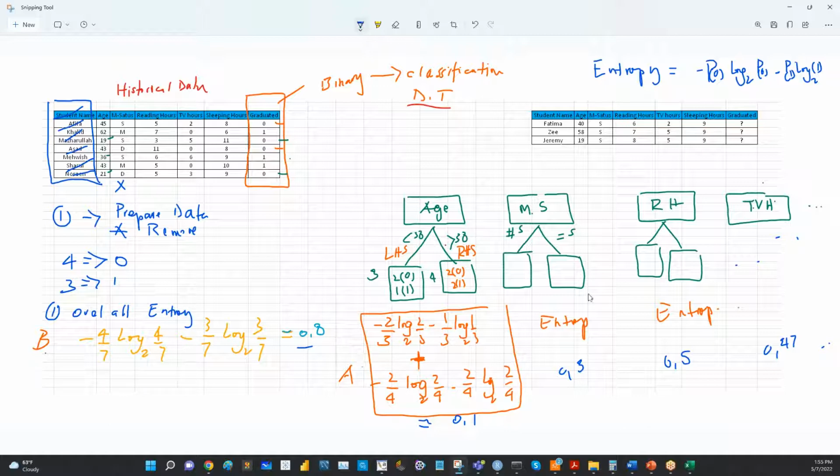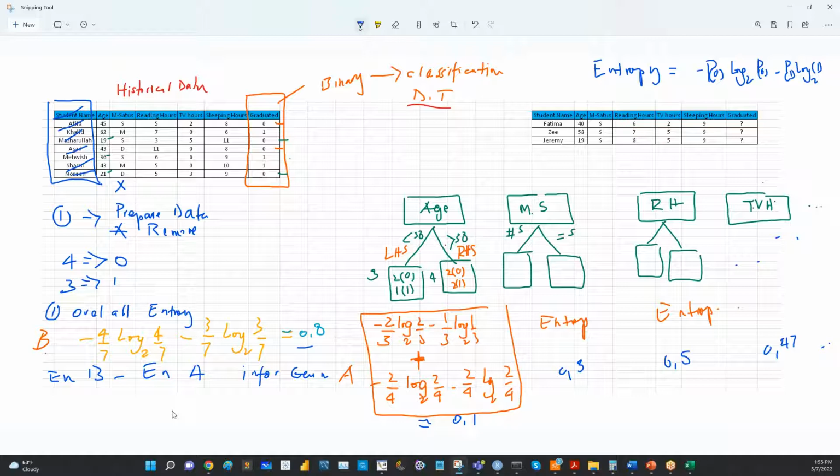Step 3, it is going to subtract the entropy after from the entropy before, entropy before minus entropy after. And this is called information gain.